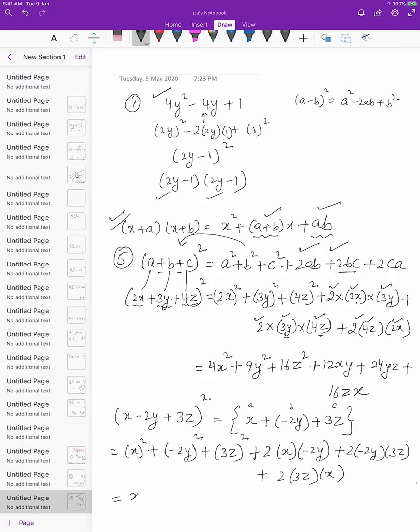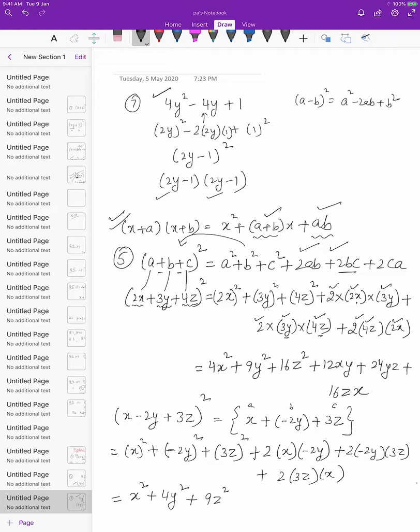Now when you open out the brackets, negative signs will automatically reflect wherever required. So this will become x square. Now minus 2y whole square will become plus 4y square. This much I hope all of you understand. Whenever there is an even power on the negative sign, we get it to be positive. Plus 3z whole square will be 9z square. Now look at the fourth term.